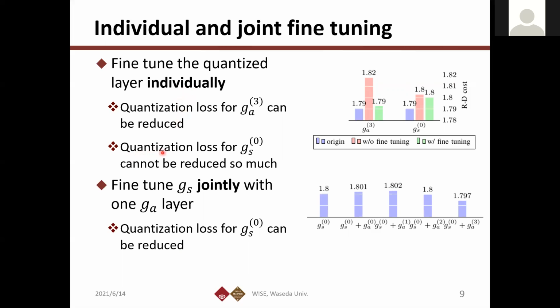However, the quantization loss for the synthesis transform layer cannot be reduced so much by individual fine-tuning. So in order to reduce the quantization loss for the synthesis transform, we try to jointly fine-tune the synthesis transform with one analysis transform layer, and the fine-tuning result is shown in this figure.